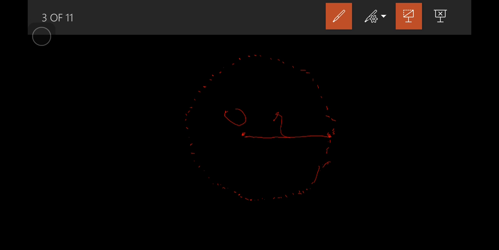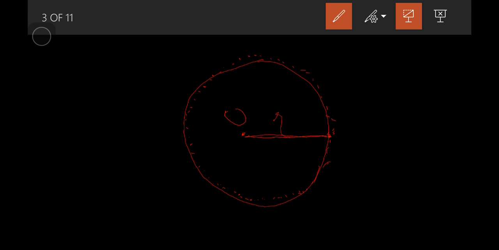The collection of points at a fixed distance from a fixed point is known as a circle, and this fixed distance is known as its radius.